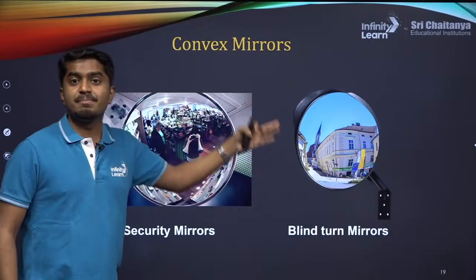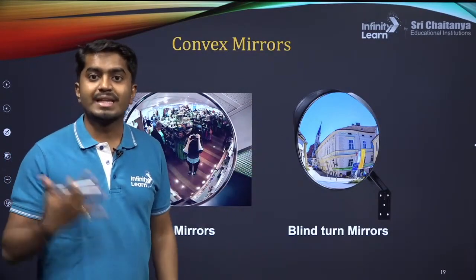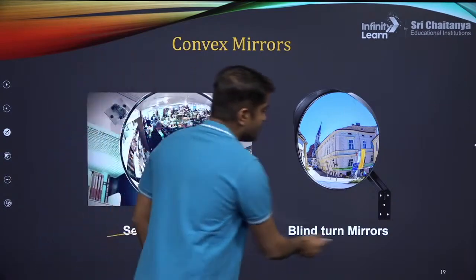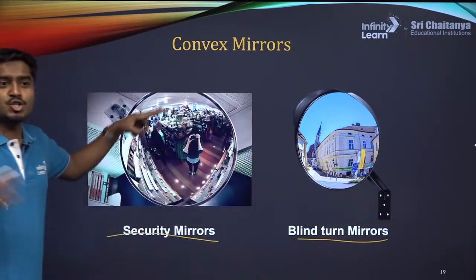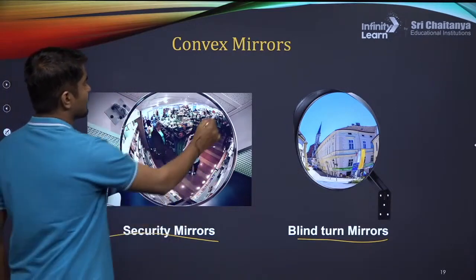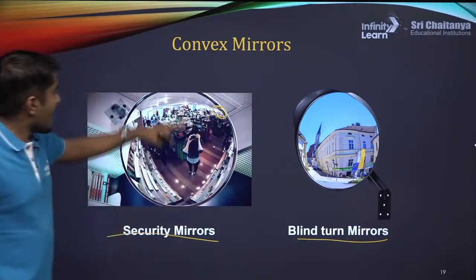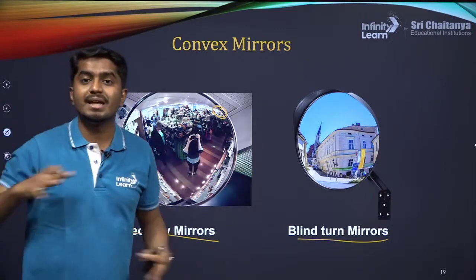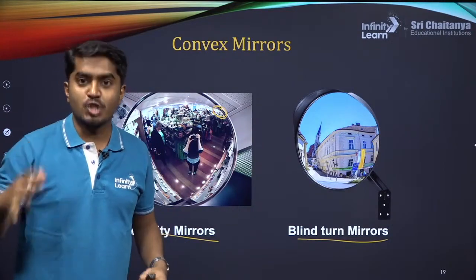Now these mirrors, convex mirrors, can also be used as security mirrors or blind turn mirrors. So what are these? In a small shop, let's suppose the shopkeeper is sitting somewhere here, and the shopkeeper wants to see what is happening in the whole of the shop.